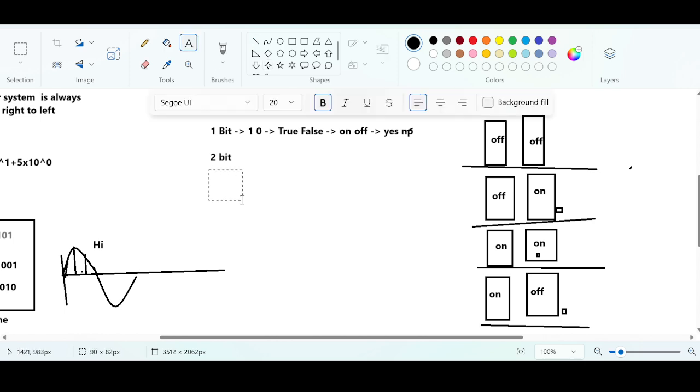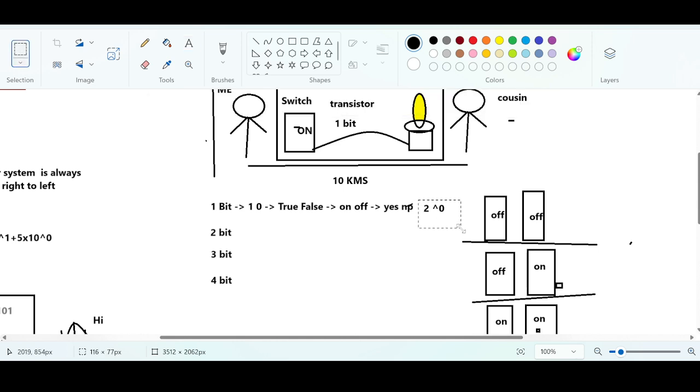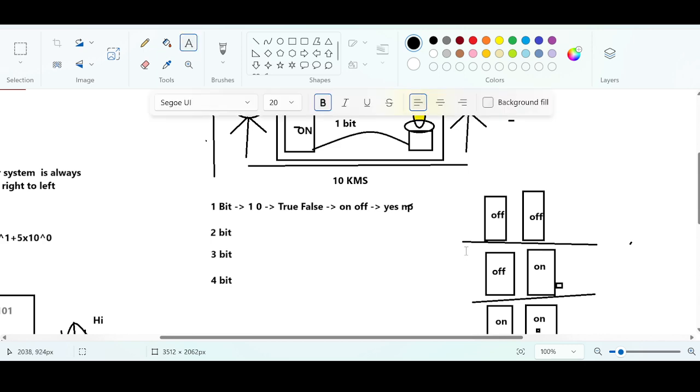When I say 3 bits, 8 possible combinations. When I say 4 bits, 16 possible combinations. To understand this pattern, 1 bit is representing 2 to the power of 1, 2 possible combinations. 2 bits is representing 2 to the power of 2. 3 bits is representing 2 to the power of 3. 4 bits is representing 2 to the power of 4.